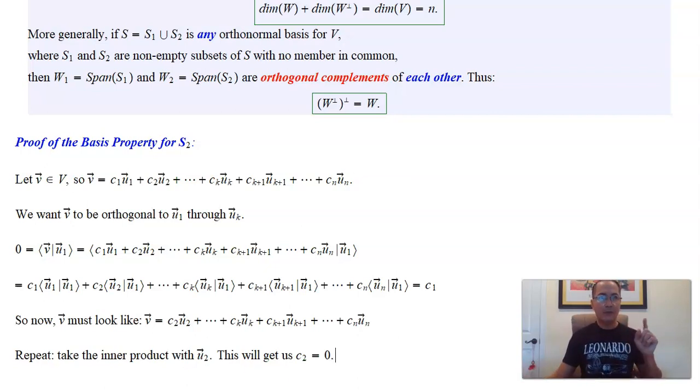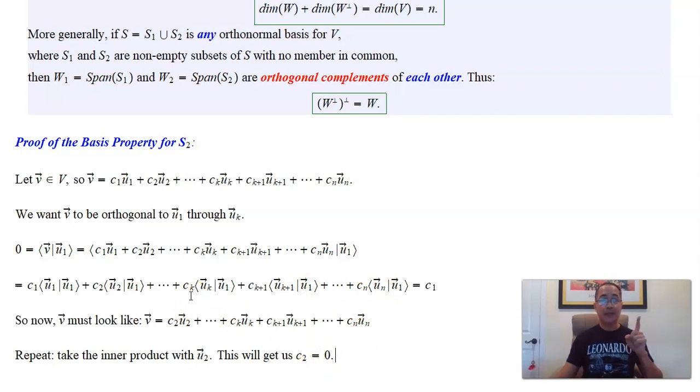Now we have to be careful where we're going to stop. We can go as far as CK. There will be no terms to the left of CK, and then we'll take the inner product with UK. All of those will now be UK, and UK will still be orthogonal to UK plus 1 through UN.